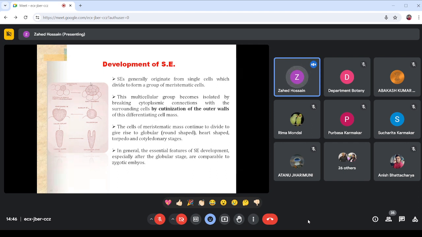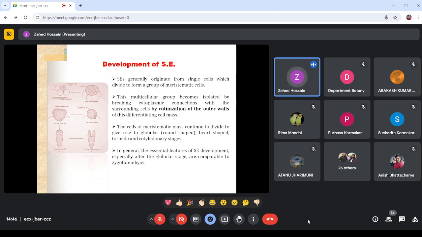So this cutinization of the outer layer basically separates them from the rest of the cells. Now it again starts growing and forms different development stages: globular, then heart shape, then torpedo, and the cotyledon stage. If you see the development of the somatic embryo, it is very similar to the zygotic embryo.